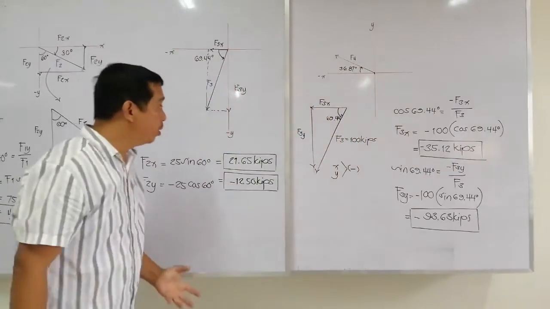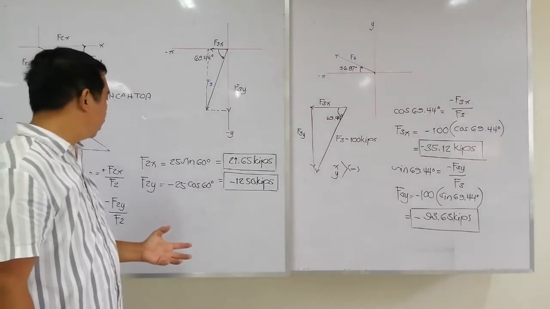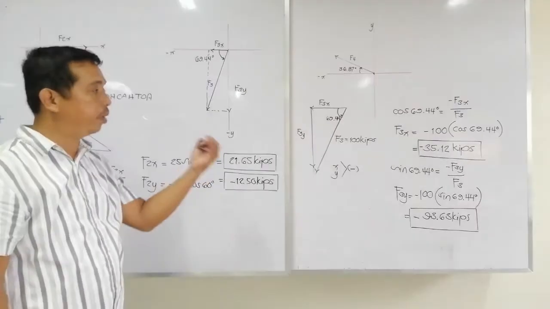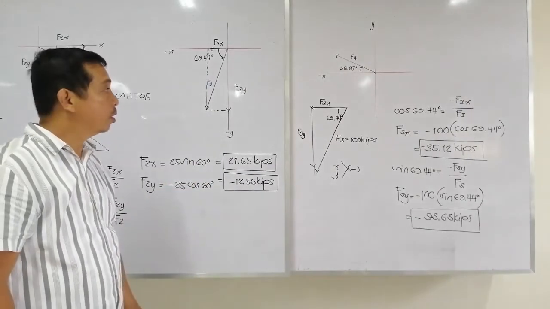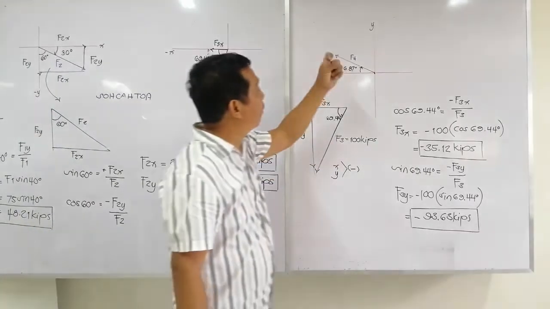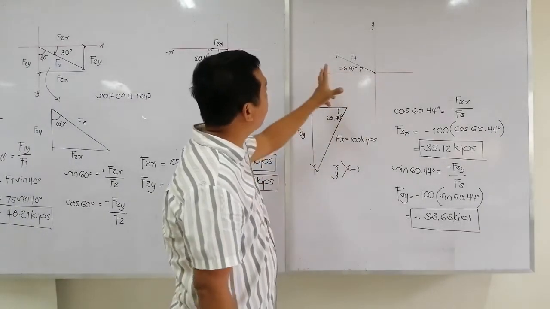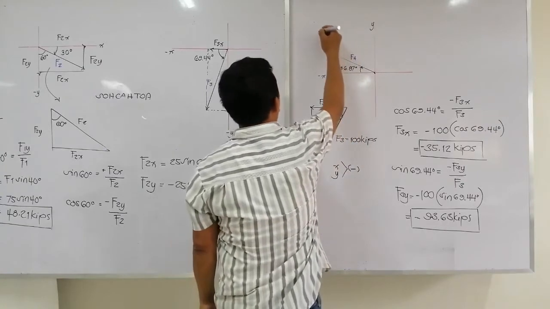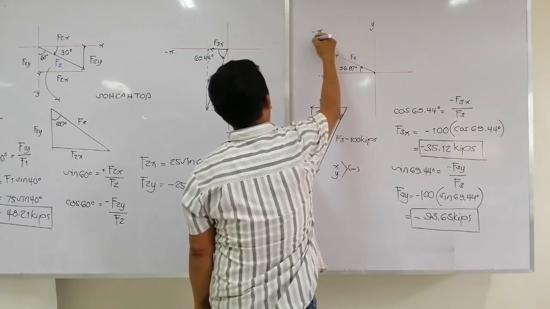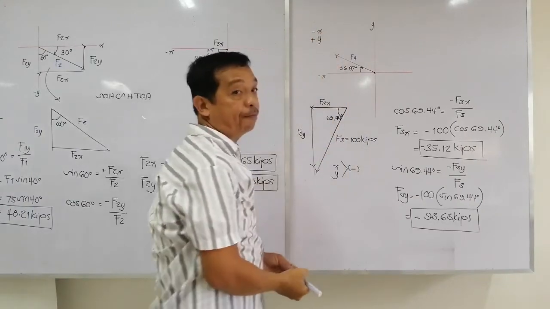As of now, what we have are X and Y components of your F1, your F2, and your F3. So, may isa na lang, and that is your F sub 4. For F sub 4, take note na ang ating X ay negative, ang ating Y value ay positive.